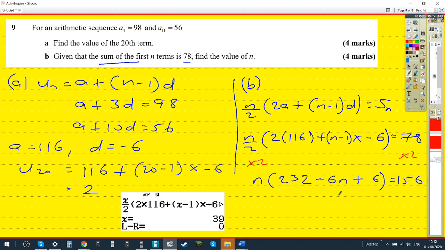And then if I expand out the brackets, I'll get -6n squared plus 232n, or even just 230 plus 238n minus.